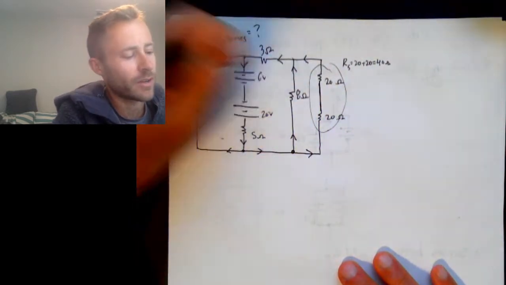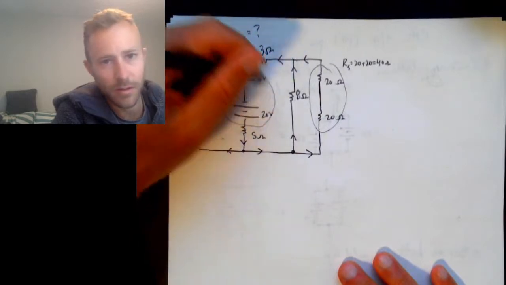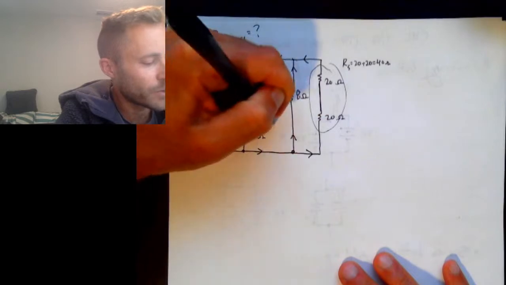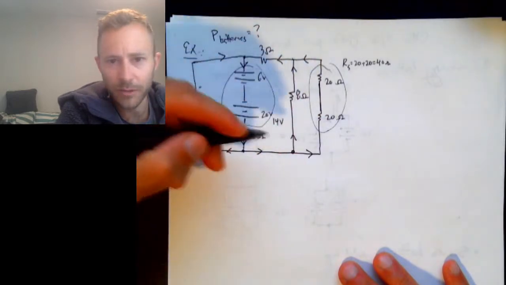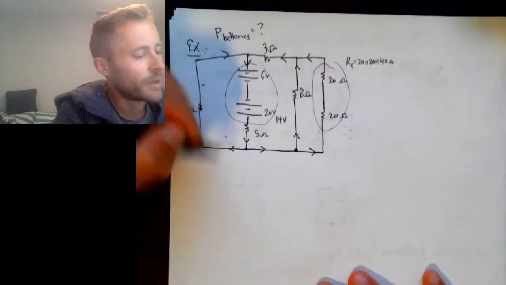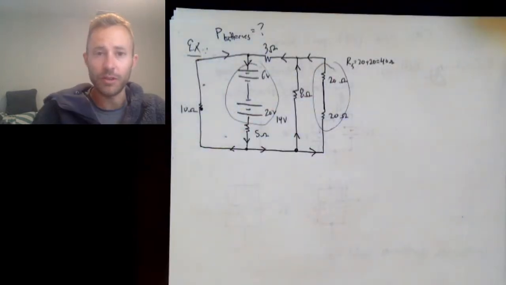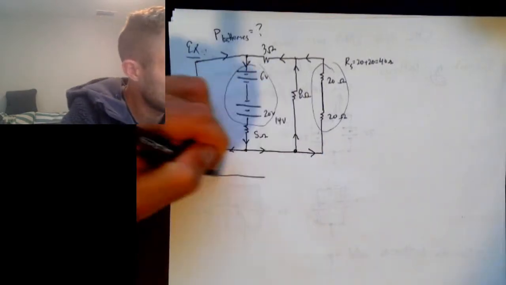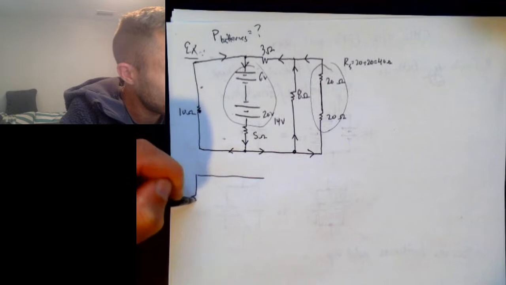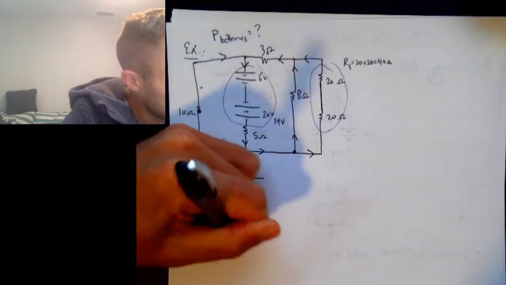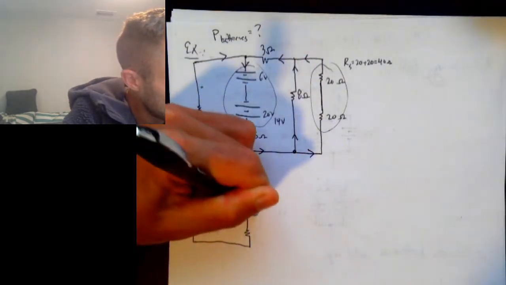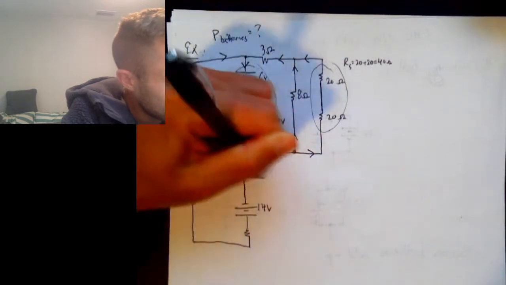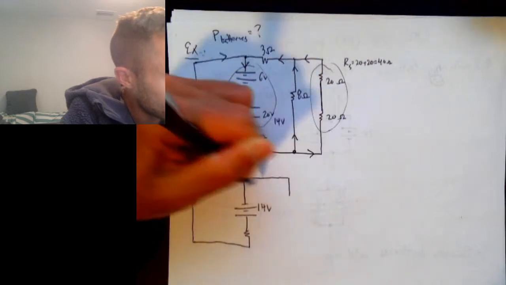These two batteries, I combine them just like I just did, and they are equivalent to a 14-volt battery that has its positive terminal going downward. So now I'm going to redraw the circuit, making those substitutions.